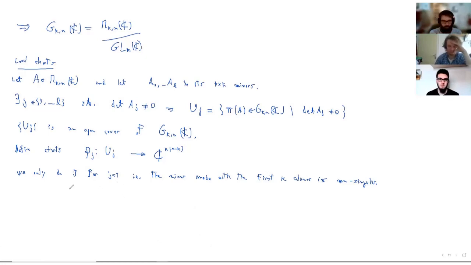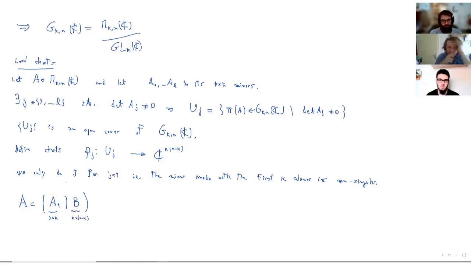So we have this matrix, and we can decompose it as A1 and B. So this is the k times k part, which has determinant different than 0, and B. Okay, so this is k times k, invertible, and this is k times n minus k.